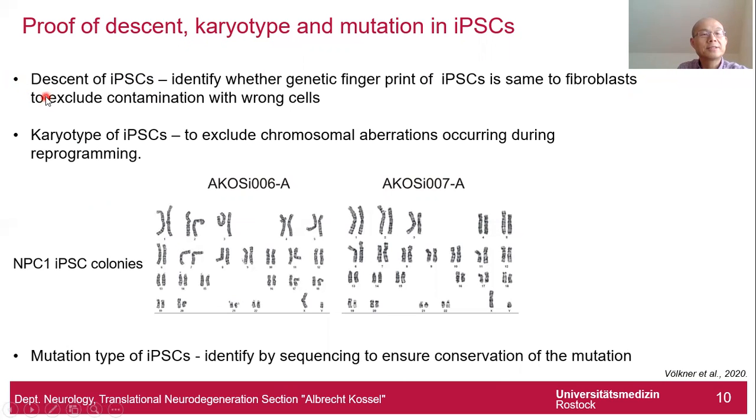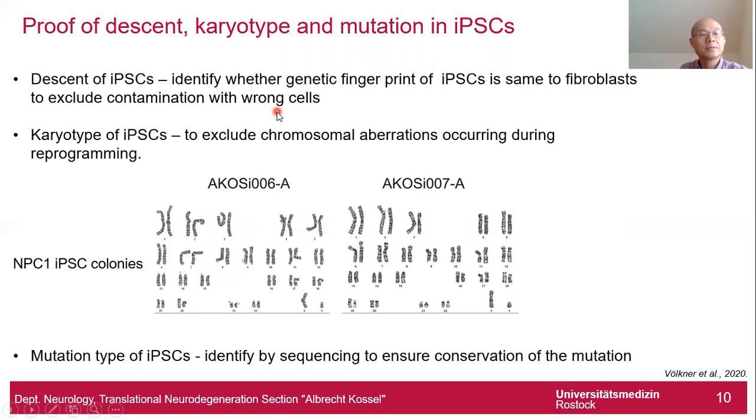The descent of iPS is proved to identify whether the genetic fingerprint of iPS is the same as the fibroblasts, to exclude contamination with surrounding cells.